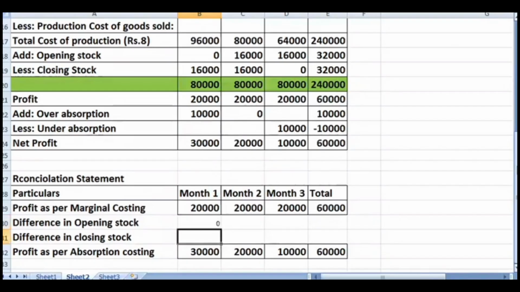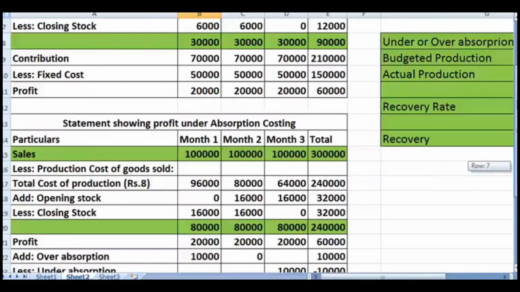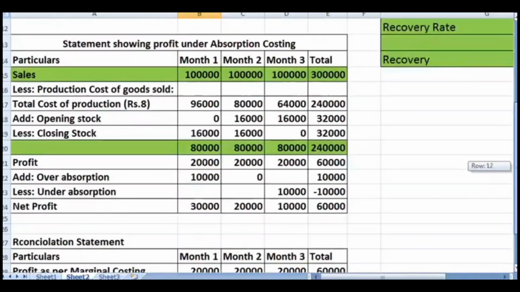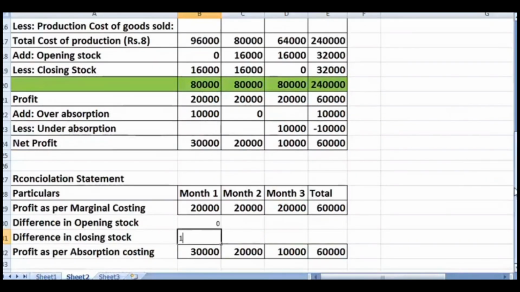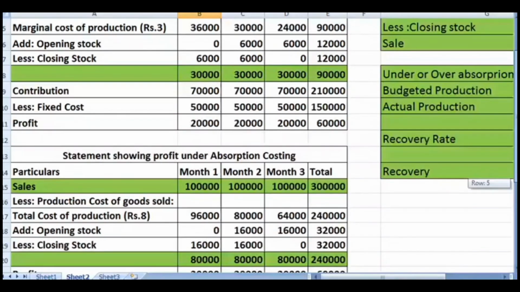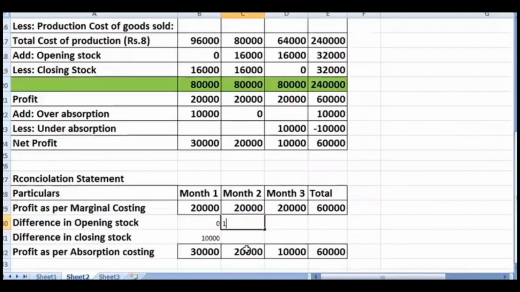And difference in closing stock: in the first month closing stock is 6000 and in the second it is 16000, so the difference is 10,000. In the same way in the second, 6000 and 16000, meaning 10,000. So 10,000 and 10,000, so the effect is removed. Clear?